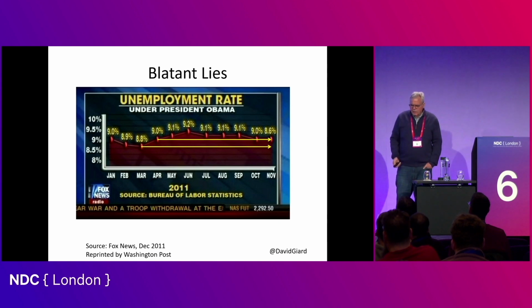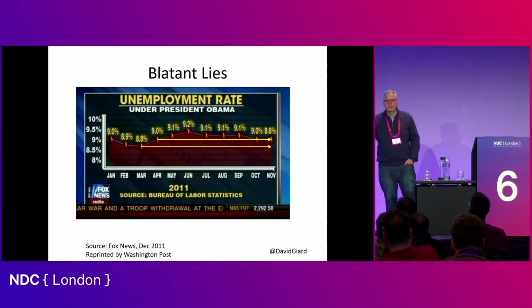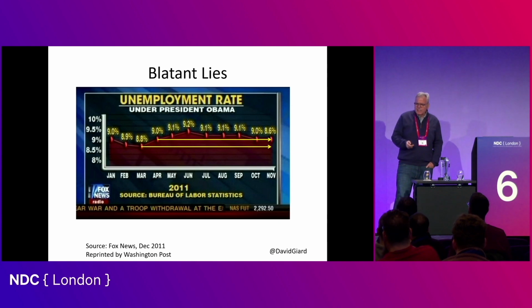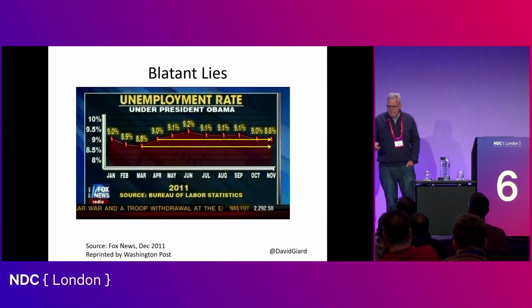And the fact that Fox News had actually endorsed incumbent President Obama's opponent leads me to believe that they were deliberately trying to mislead people by not showing that unemployment had gone down right before the election. So my guess is that this was probably a deliberate attempt to mislead their audience. It was a blatant lie, which happens.